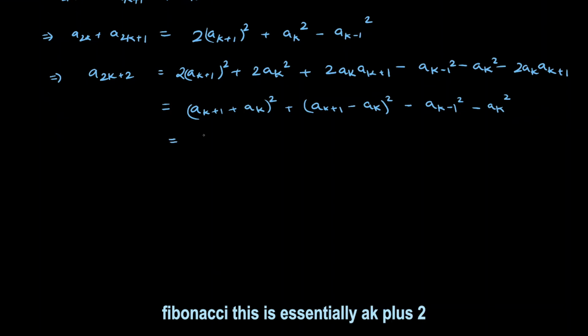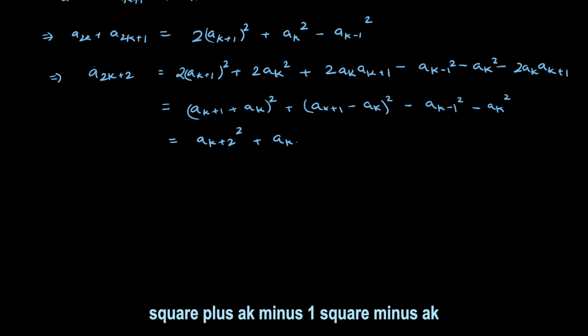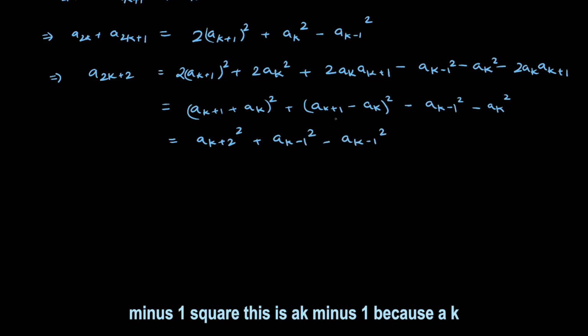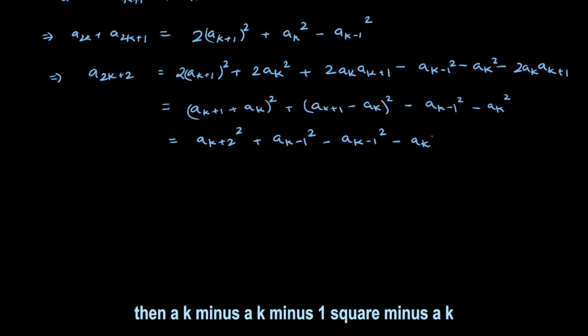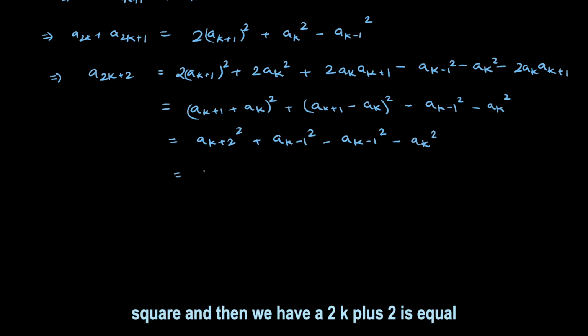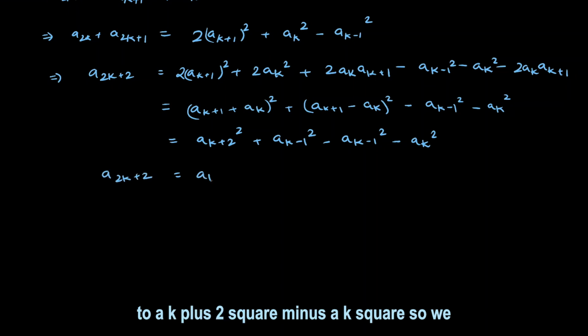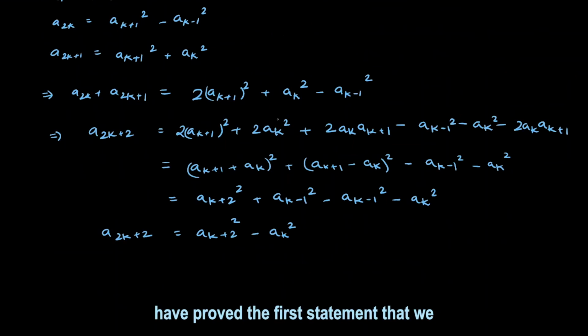So by Fibonacci, this is essentially a_{k+2} square plus a_{k-1} square minus a_{k-1} square. This is a_{k-1} because a_{k+1} minus a_k is equal to a_{k-1}. And then a_{k-1} square minus a_k square. And then we have a_{2k+2} is equal to a_{k+2} square minus a_k square. So we have proved the first statement that we needed to prove.